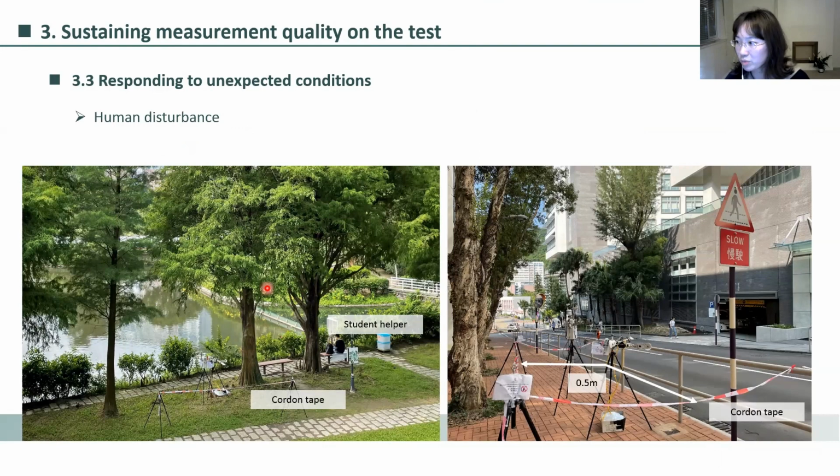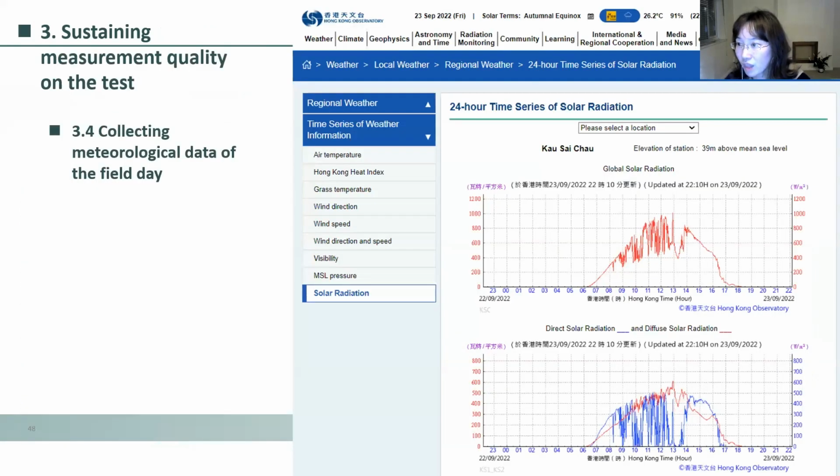So we need to keep them away from the instrument, and I think 0.5 meters is quite enough. The other thing is, don't forget to collect the local meteorological data of the field day in time, because it is very useful in your future data analysis.